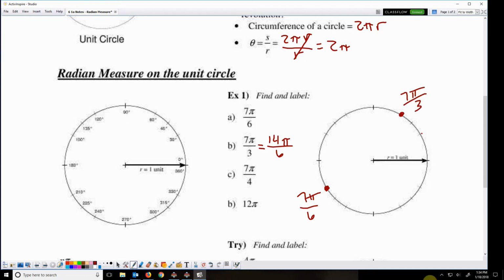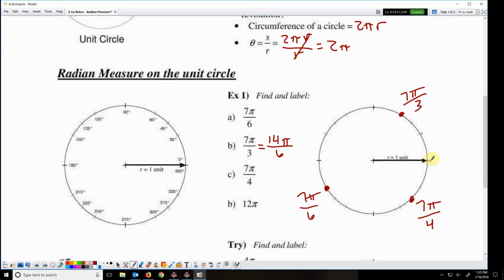Then we're going to count by fourths. So 7 fourths: 1 fourth, 2 fourths, 3 fourths, 4 fourths, which is 1, 5 fourths, 6 fourths, 7 fourths. 7 fourths is 1 short of going all the way around, which would have been 8 fourths. So we could have just gone all the way, and that's 8 fourths, back up 1 fourth, and we're at 7 fourths. And then 12 pi.